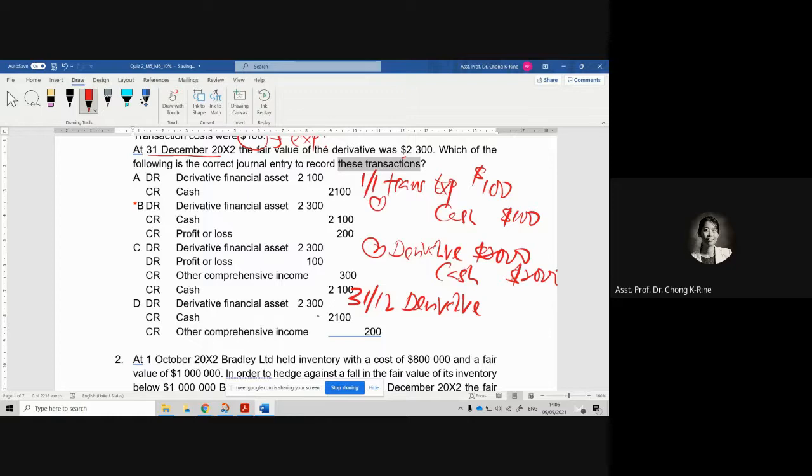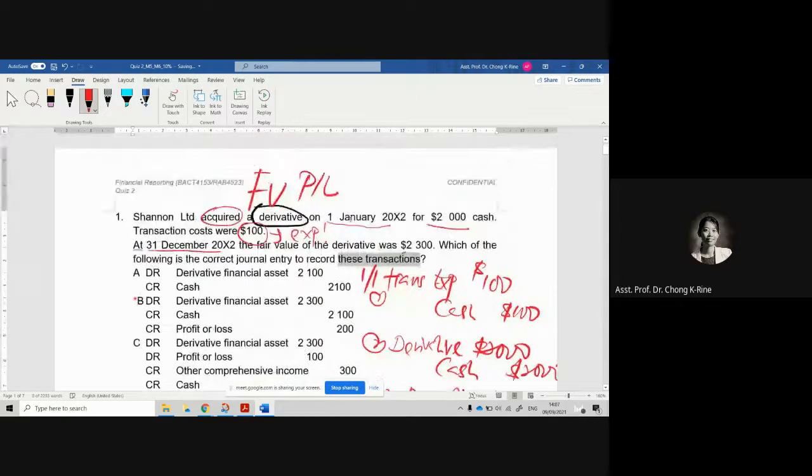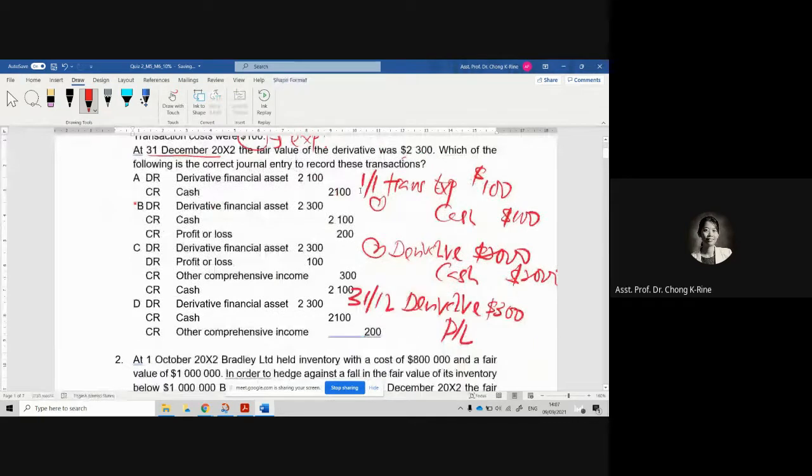So the derivative increases from 2,000 to 2,300 by debiting 300. And just now we mentioned for a derivative, definitely the accounting treatment is fair value through profit or loss, and therefore I will credit profit or loss. It will increase our net profit during the year.